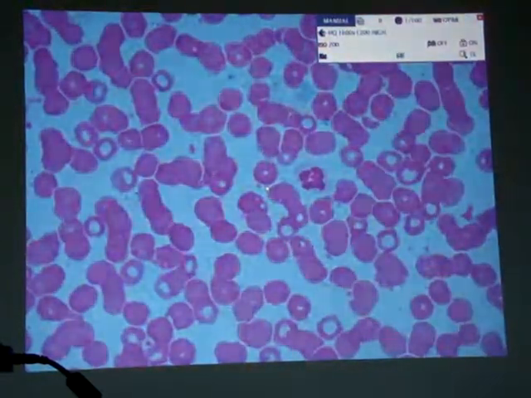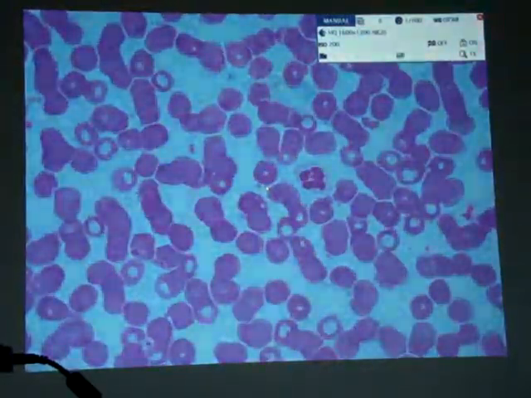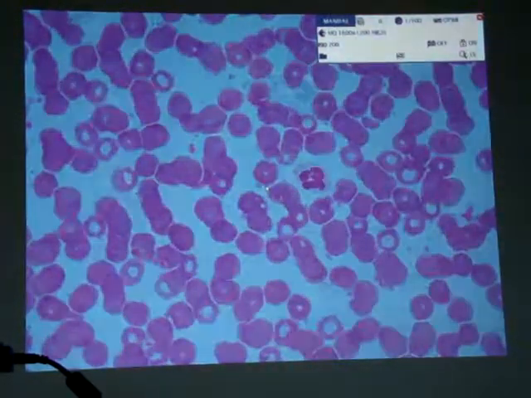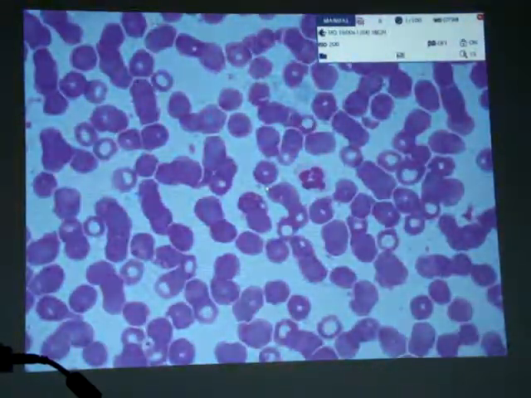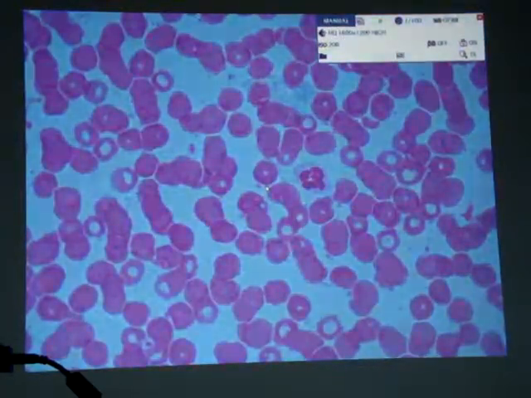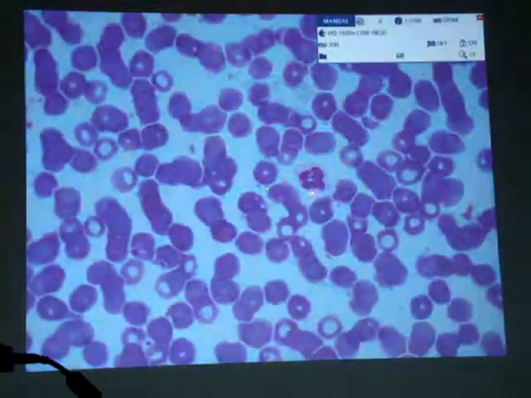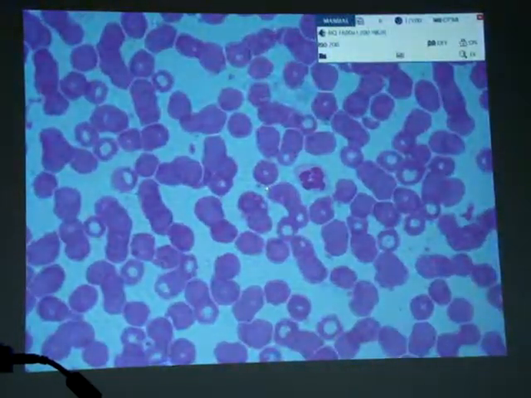And then what is the function of the neutrophil? First line of defense against what type of infection? Viral, bacterial, protozoal? Okay, bacterial infection. So it is easy to identify them because of the characteristic shape of their nucleus. Segmented and not uniform.